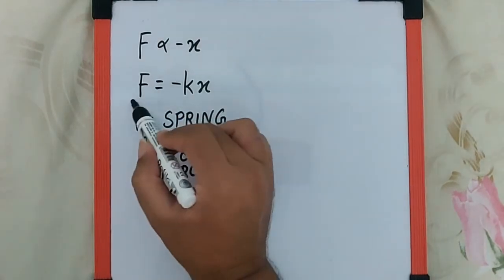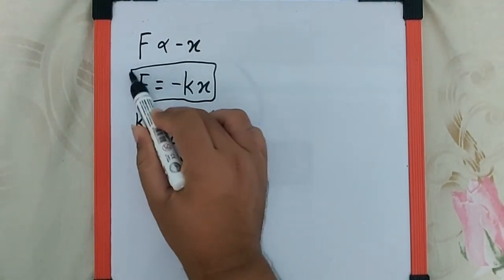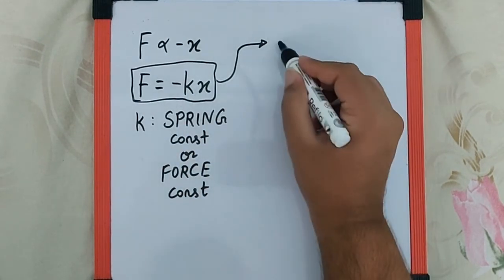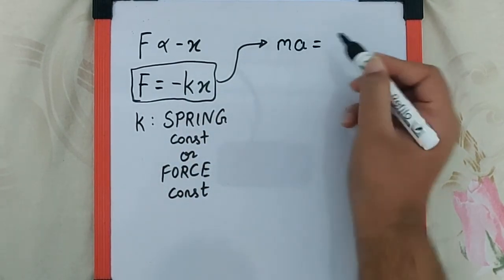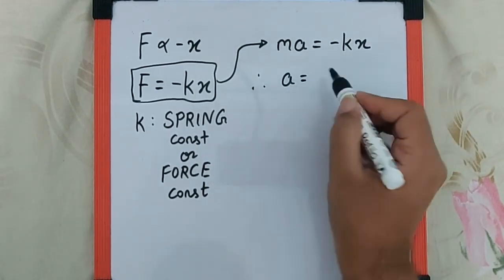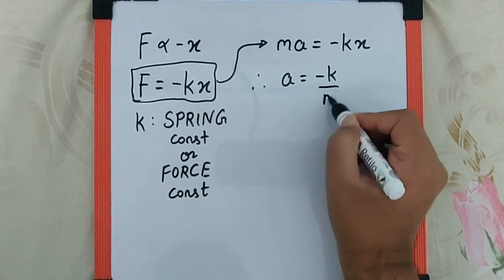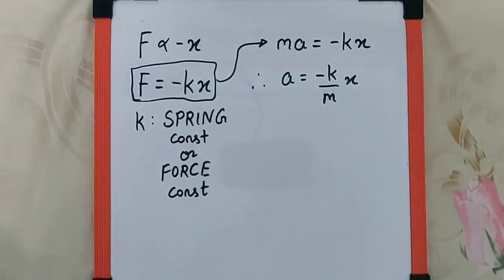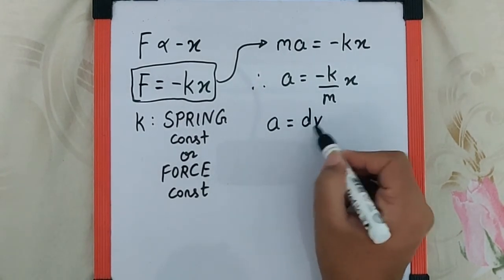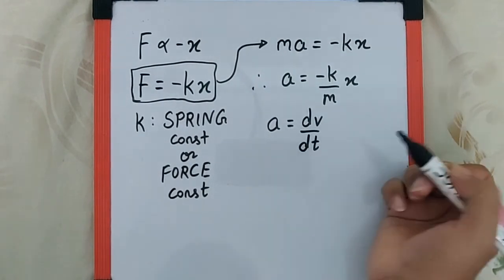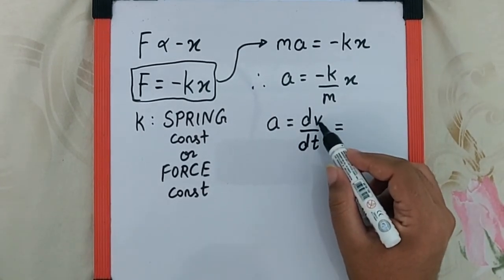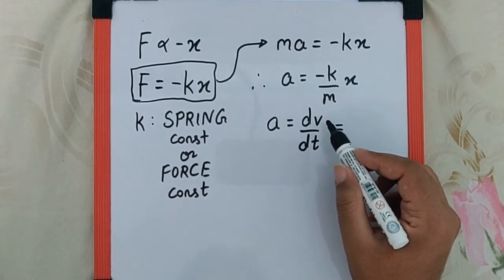Now this formula can be rewritten as, we know, force can be written as mass into acceleration. So ma can be written as minus kx, and so acceleration is minus k by m into x. Now as we know, acceleration is the first-order derivative of velocity with respect to time, and velocity is the derivative of displacement with respect to time.